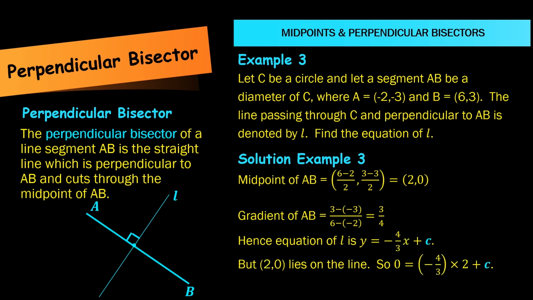And now we can find c by rearranging the equation. And hence we have that c equals 8/3. Therefore, our equation is y equals -4/3 x plus 8/3.